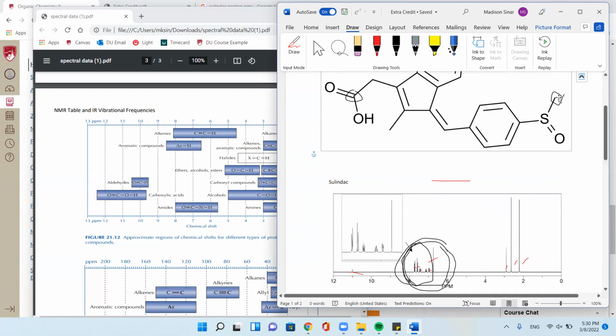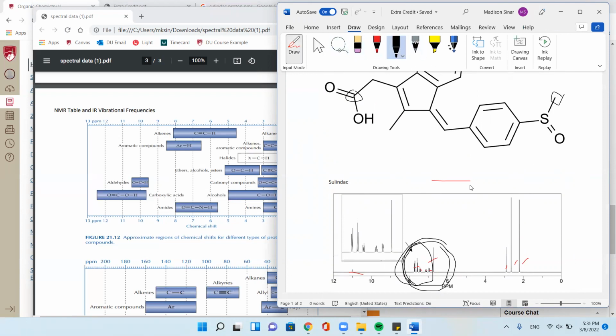So we would expect this one to be a little bit farther deshielded, and because it is a methyl, we want it as close to 2 as possible. So I'm going to say this one will be this proton, my apologies, right here, and this will be this one over here. Again, that's because this one is more deshielded, so it's further downfield or at a higher ppm, and this one's less deshielded because it doesn't have a more electronegative atom next to it.